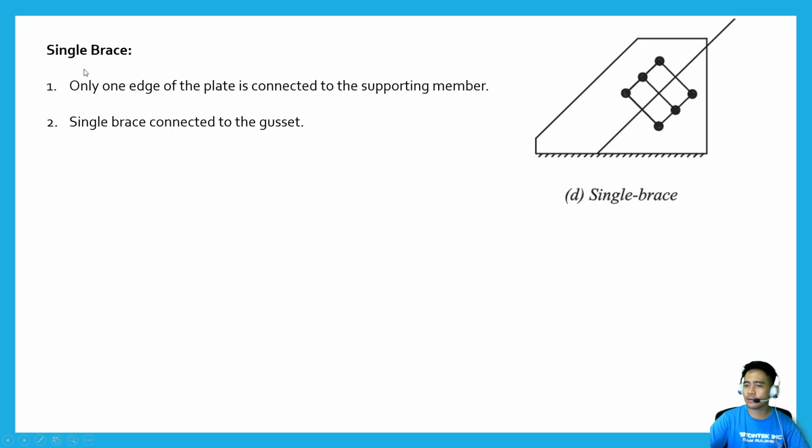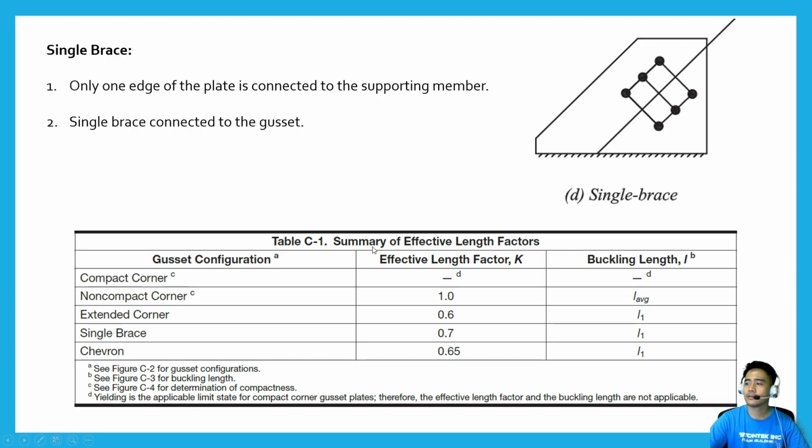This single brace is also sometimes called a knee brace or kicker brace. So here, in this table for single braces, K factor is 0.7 and the buckling length is L1, which is from the center of the innermost bolt to the connected edge.